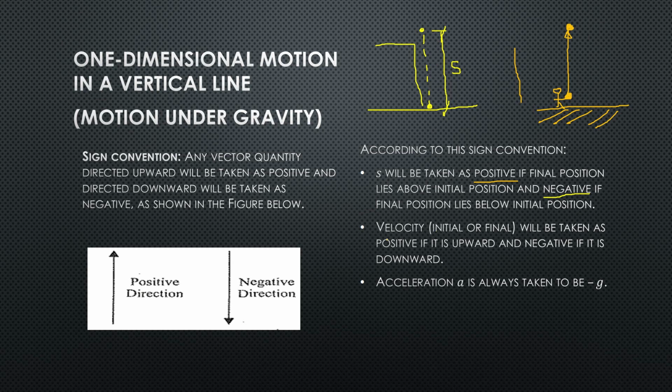Then velocity, either initial or final, will be taken as positive if it's upward, and negative if it's downward. For example, if I throw the ball upward, the velocity is positive. If I drop the ball going down, the direction of the ball is going down, so it is negative.